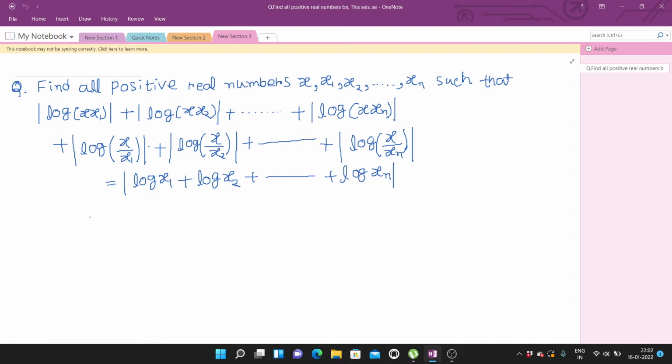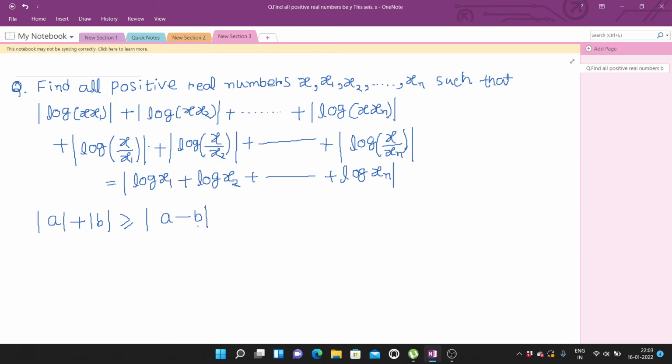I will first state a property of the modulus function. If we have two numbers a and b, then modulus of a plus modulus of b is always greater than or equal to modulus of a minus b.